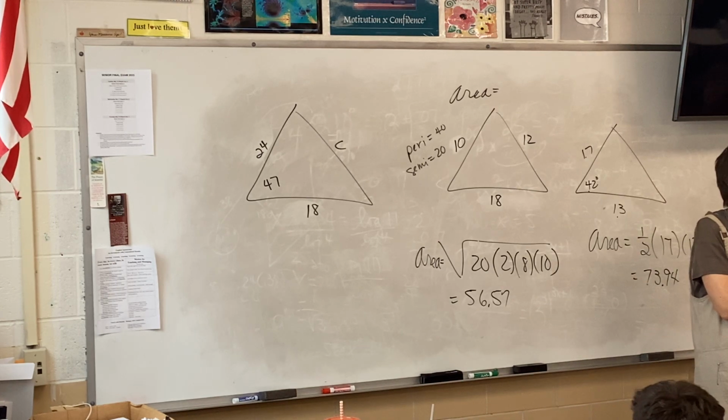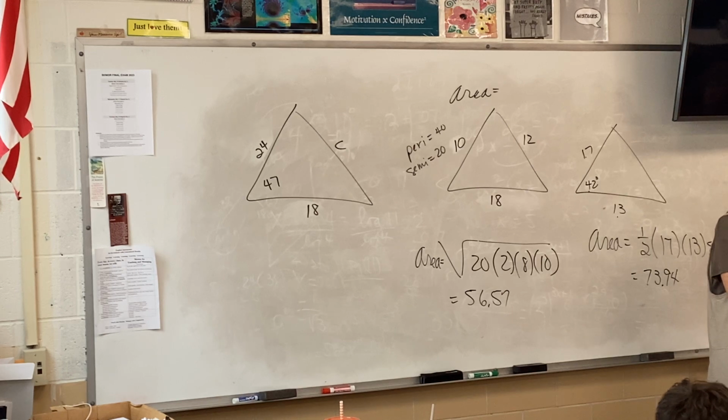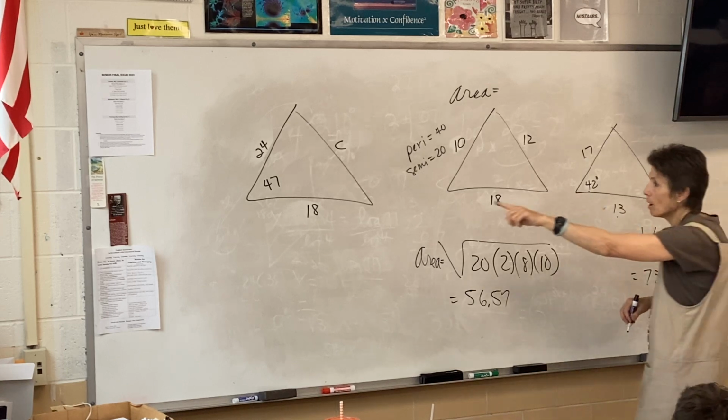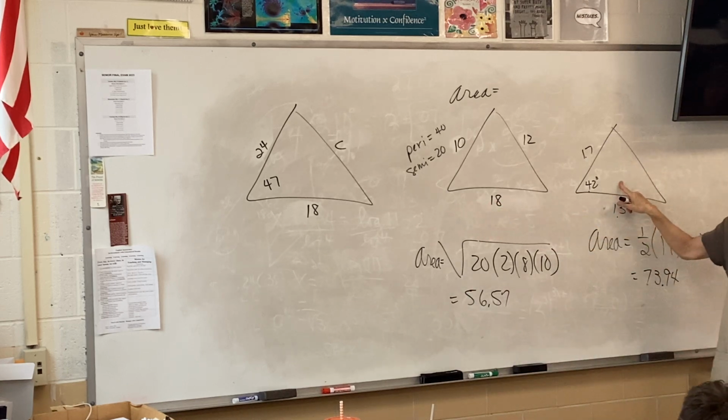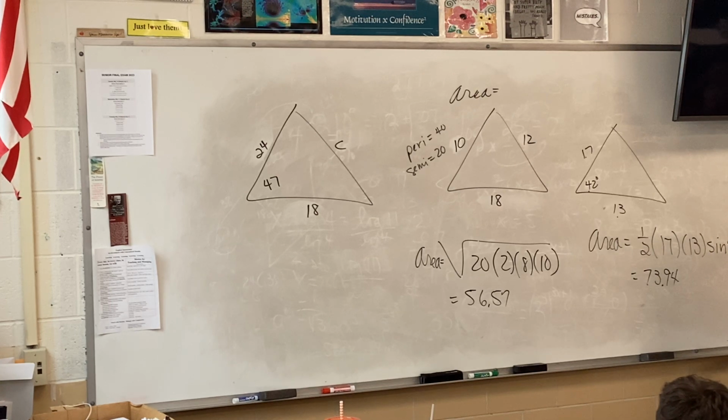So if we're gonna find C, now C is not area. So even though that problem looks an awful lot like this one, we're not doing the same thing. We're not finding area, we're finding C. C is a side. Law of sines or law of cosines.